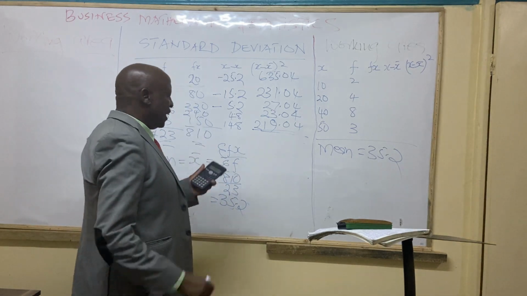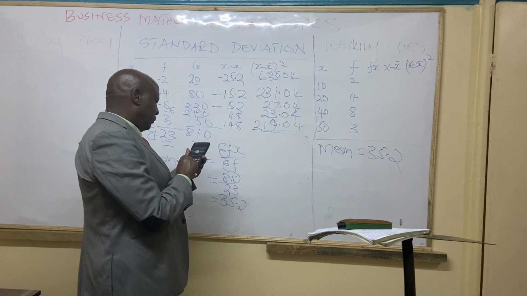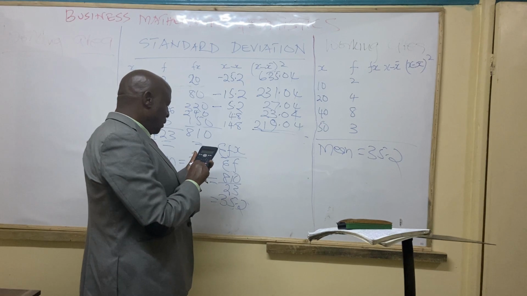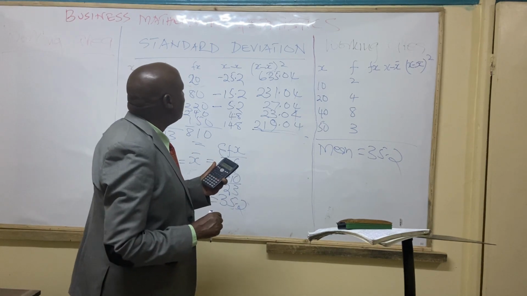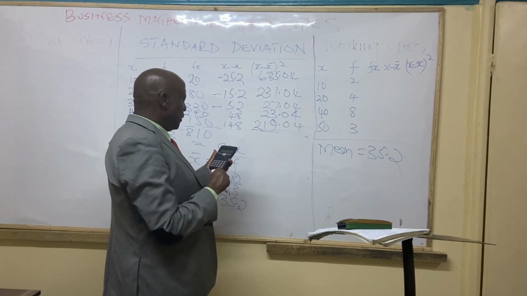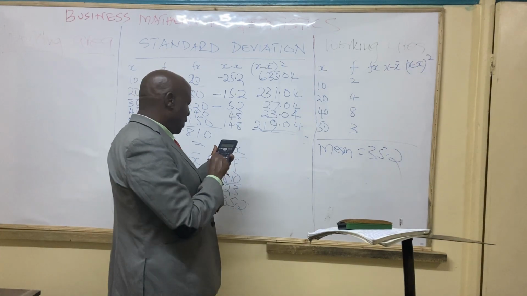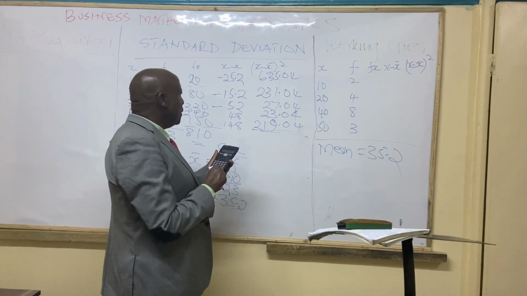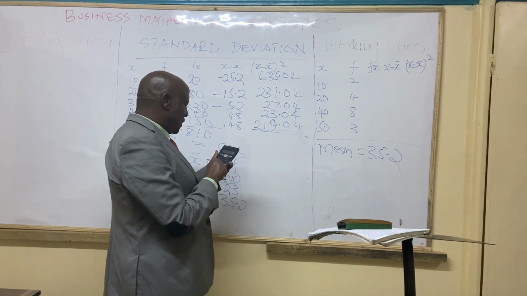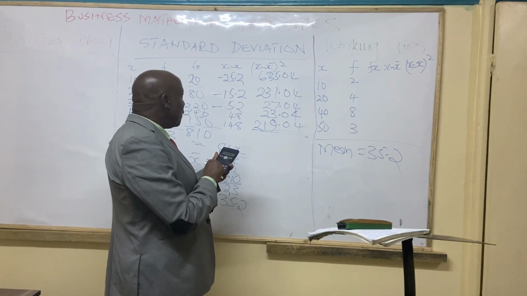Then we add. This time we'll get it right. 23.04 plus 27.04 plus 231.04 plus 635.04.